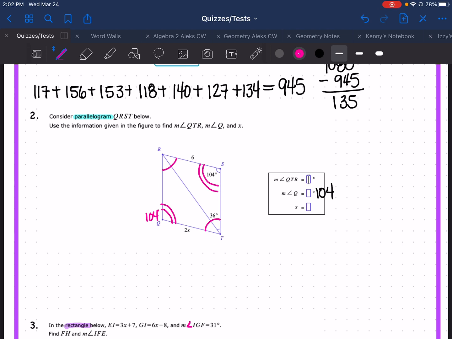The next thing I have to remember from the properties of parallelograms is that the diagonals create alternate interior angles. That means this part of angle R is the same as this part of angle T. The same is true for the other side as well.